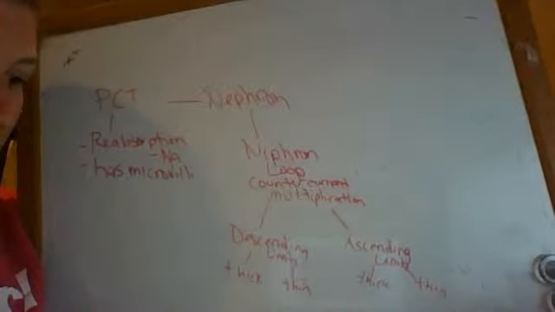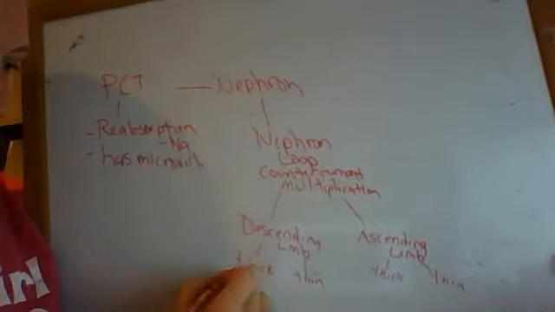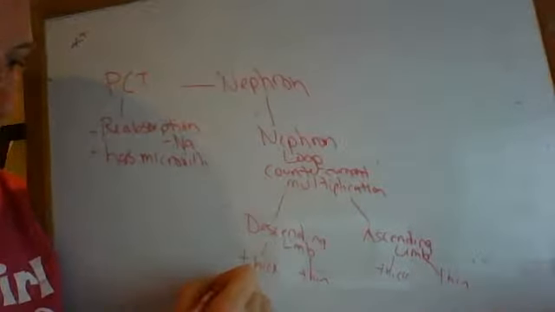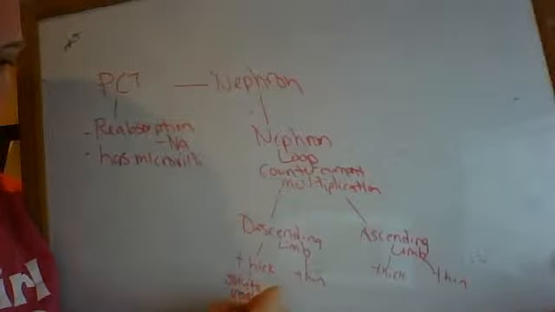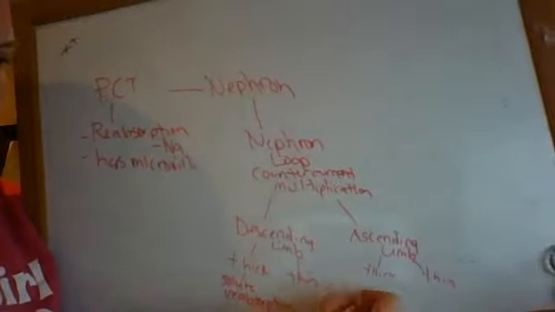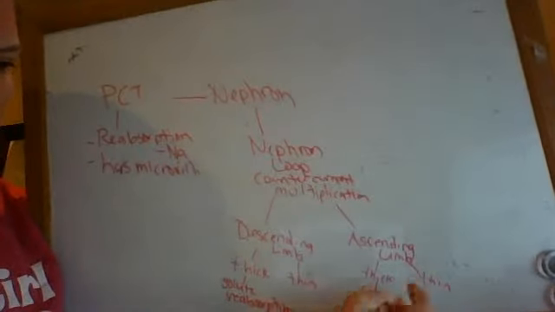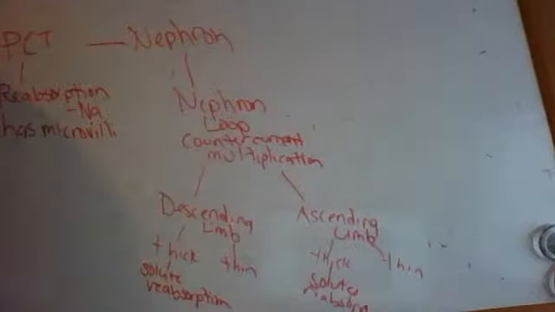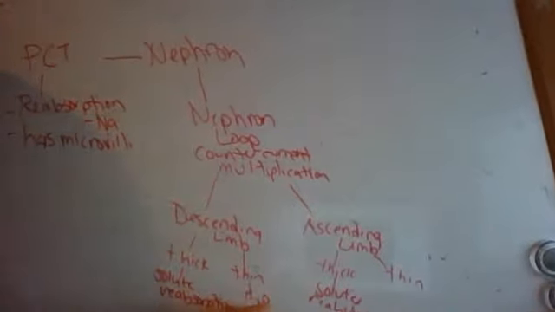The thick section is for reabsorbing solutes, solute reabsorption. I'm losing space down there in the little corner. Solute reabsorption on the thick section. The thin section is for water reabsorption.